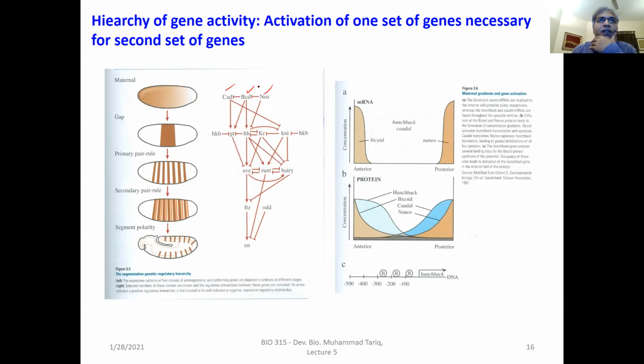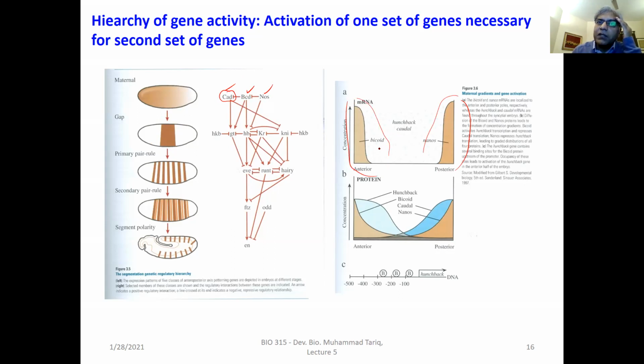Bicoid gets translated, it restricts spread of caudal protein into the anterior side. Nanos blocks spread of bicoid towards posterior. So at the end, we have a gradient of nanos and caudal, and we have a gradient of bicoid like this. And then we have hunchback.